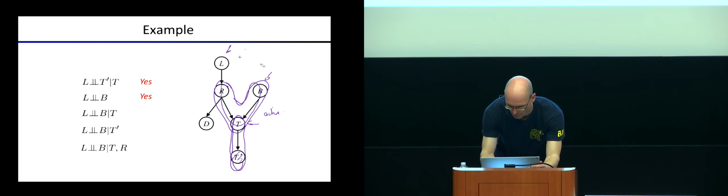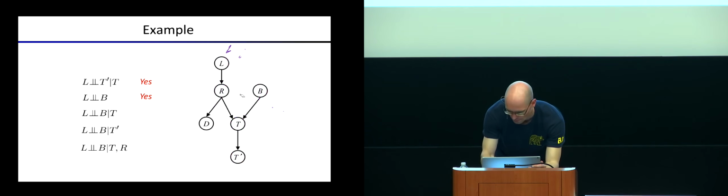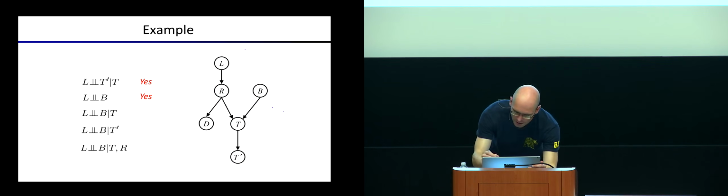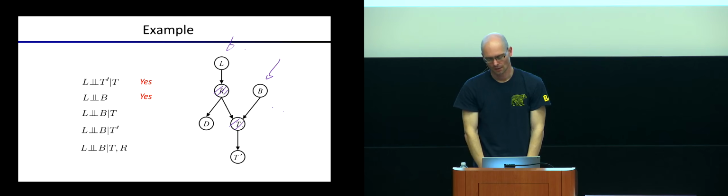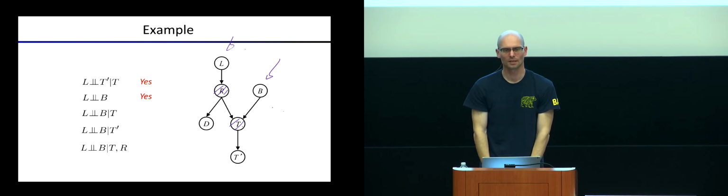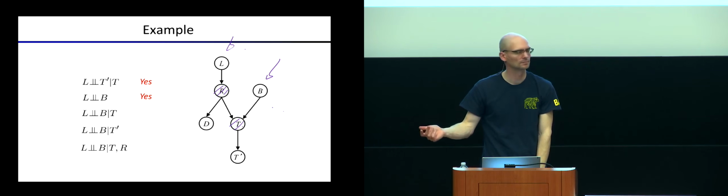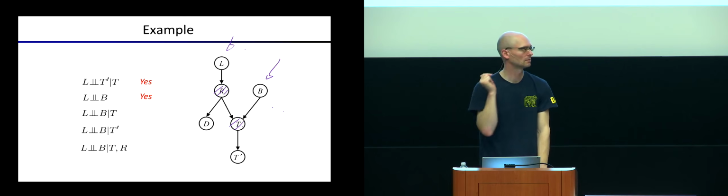How about this one? We are still looking at L and B. We observe R, and we observe T. Who believes we have conditional independence here? A few people? Why?